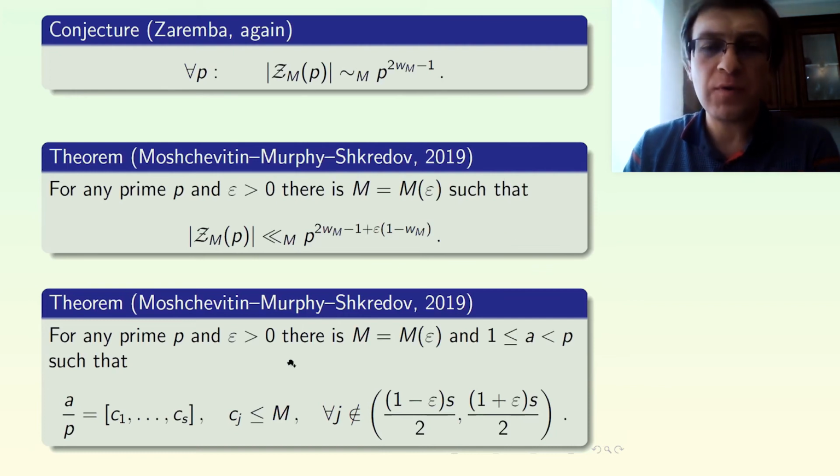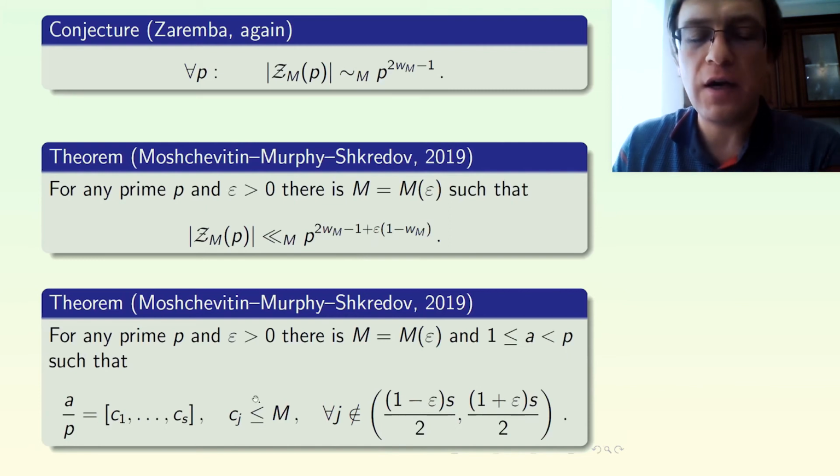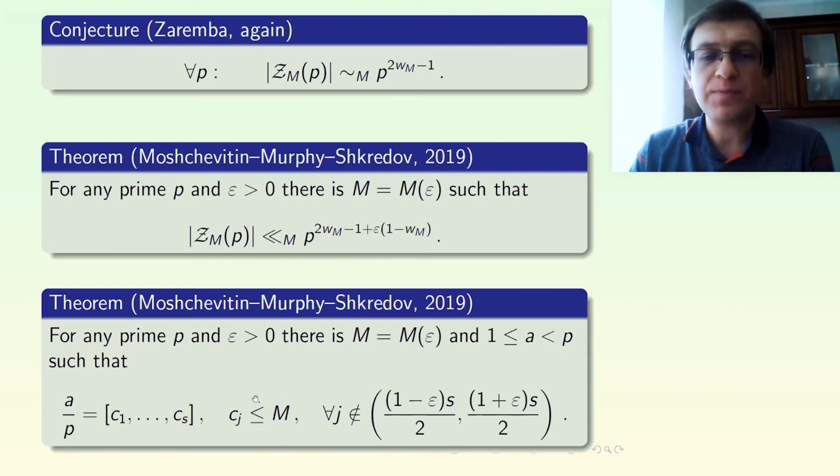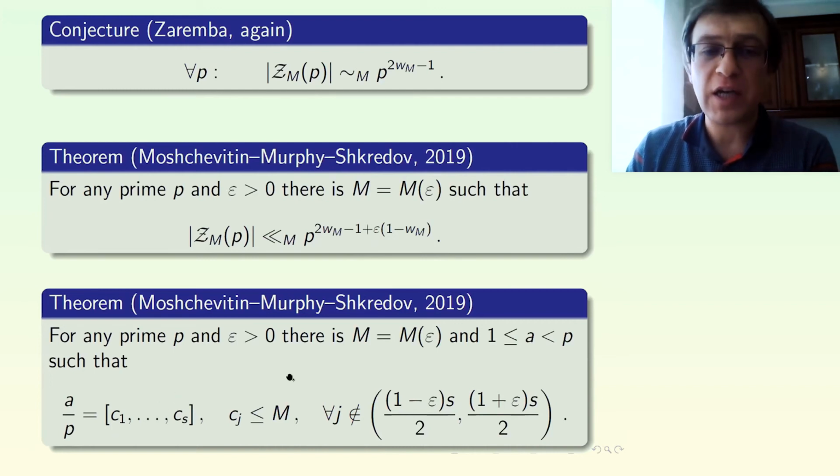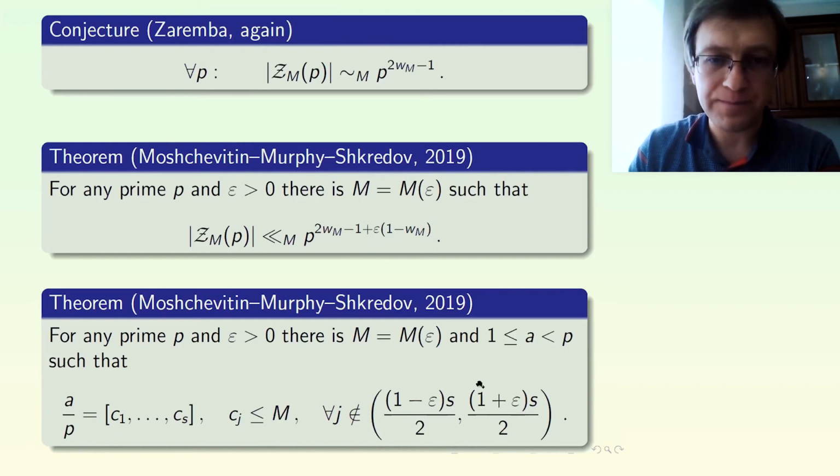And moreover, we proved that if you exclude an epsilon's interval from the middle of your continued fraction expansion of a over p, then you can prove Zaremba's conjecture, excepting this small interval of length epsilon.